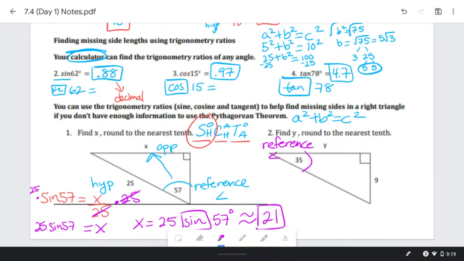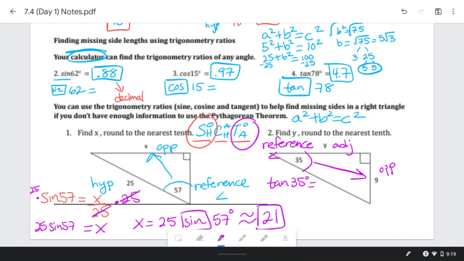So let's look at what we have. We have the opposite side, which we know, and we also know the adjacent side. We don't know what the hypotenuse is, so we don't need that. But if you've got an O and you've got an A, you're going to have to use tangent. So I'm using the tangent of 35 degrees because, again, we don't need to use A or B. We have the actual angle.